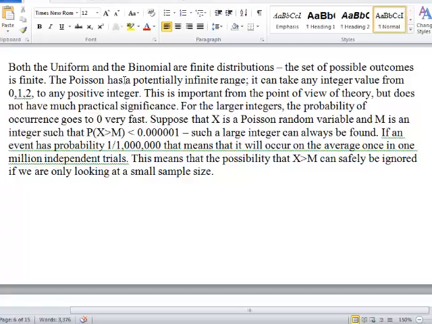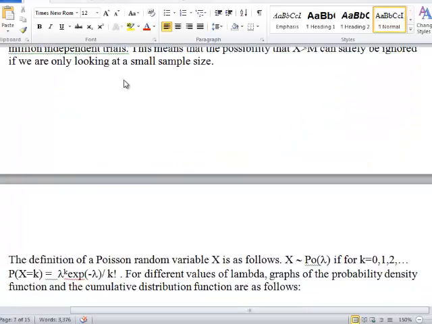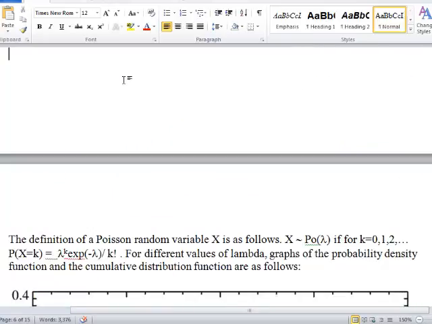And so the basic Poisson density is that the probability that x equals k is lambda to the k, e to the minus lambda, over k factorial.